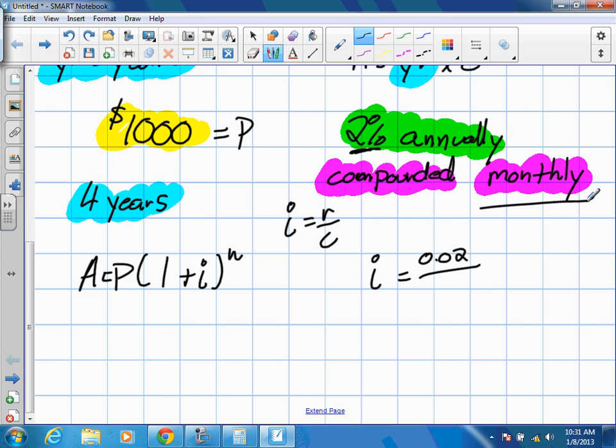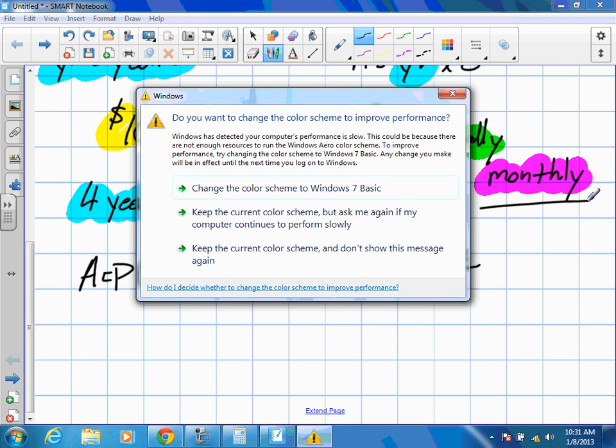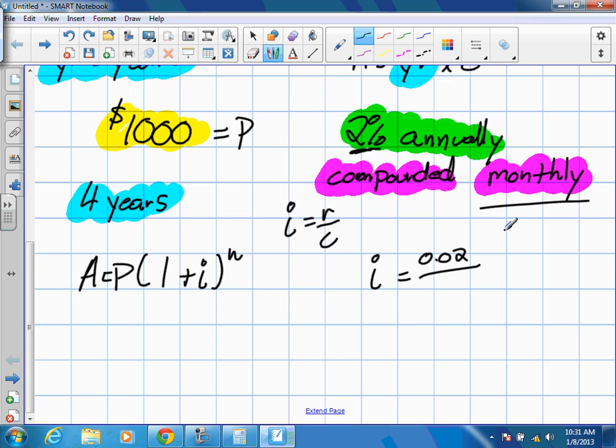How many times does a month occur in a year? 12, okay? So because our interest rate is annually, and it's compounded monthly, that means there are 12 versions of compounding over the course of that year. So we actually have to find our calculated interest rate to be divided by 12. And we're going to talk about how that actually helps us out in the end.